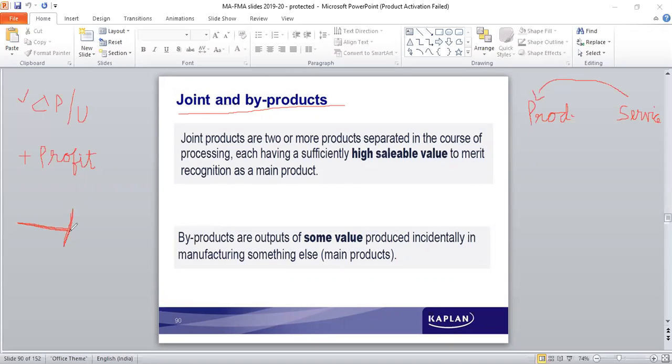Then they get separated, for example, A, B, and C. The point of separation, we call this the split off point.